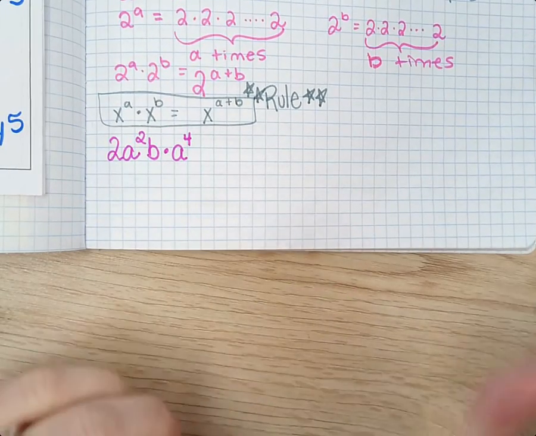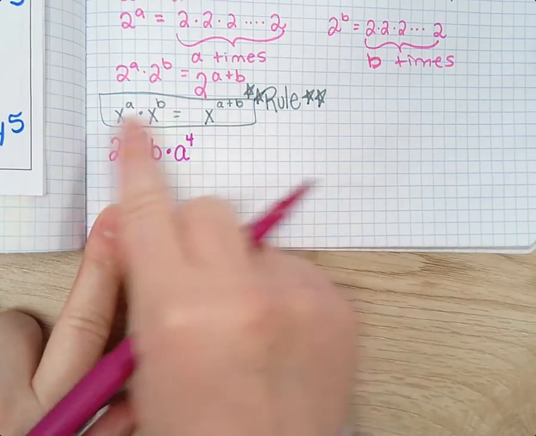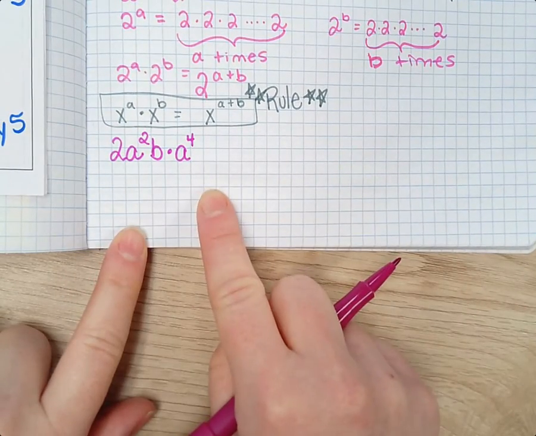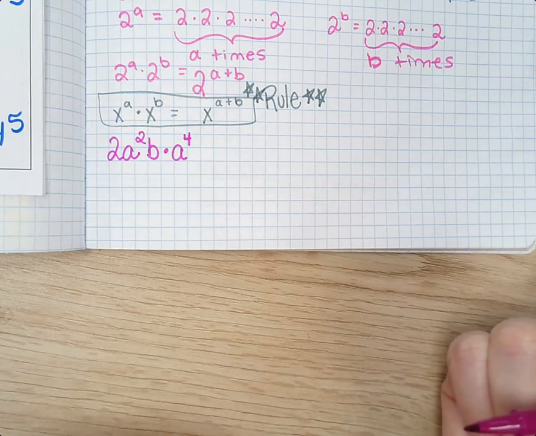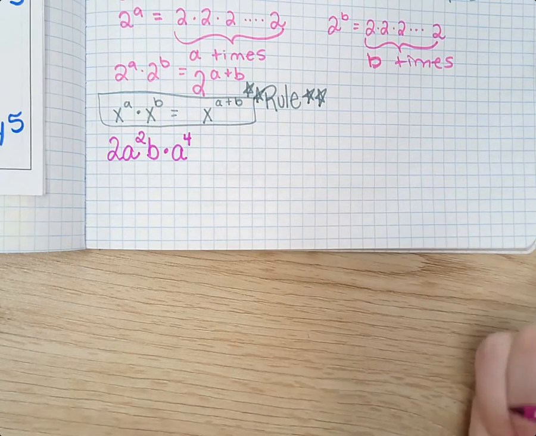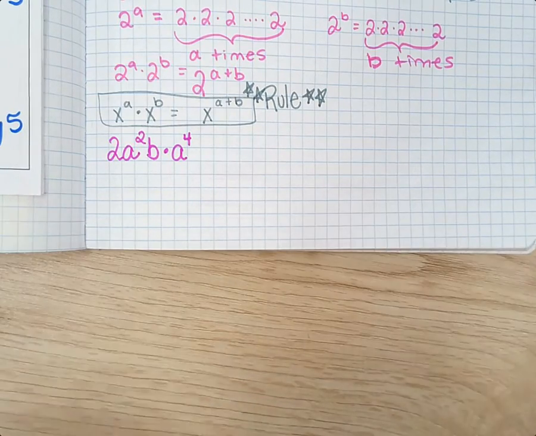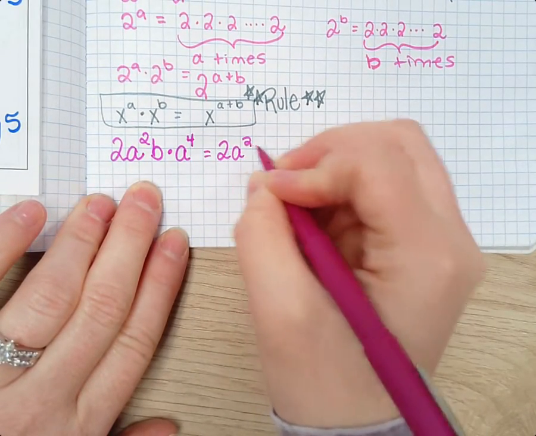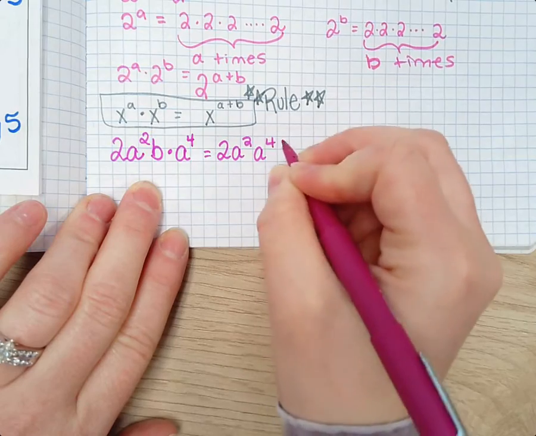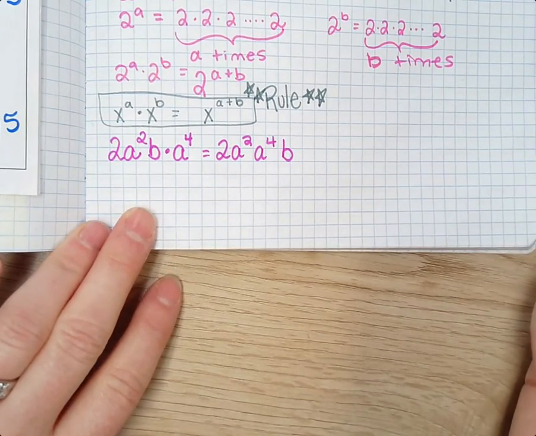So how could I simplify this? Because mathematicians are always looking for ways to write things simpler. It kind of starts out a little confusing, but then we need to simplify it. Can I switch around the order? So I can write this as 2a squared, a to the 4th, b. All I did was rearrange it. Multiplication, you can do that.